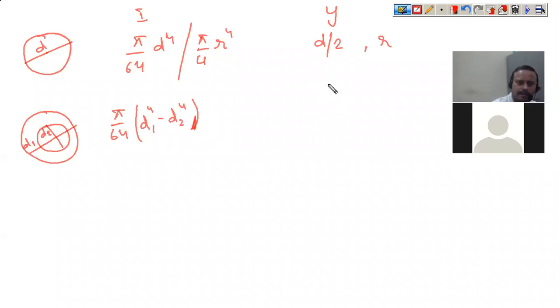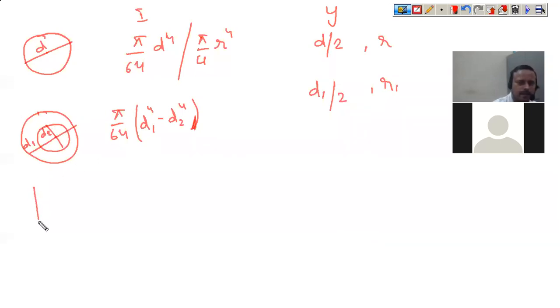And this distance is d1 by 2, or you can say it is r1. Why is it d1 by 2? Because this is the distance of the extreme fiber here from the centroidal axis.